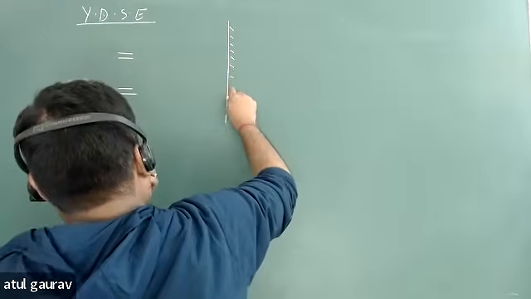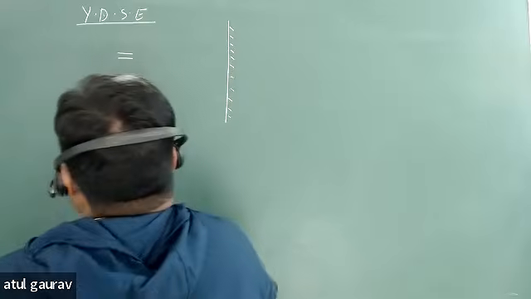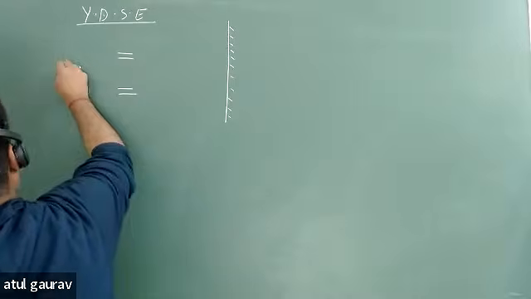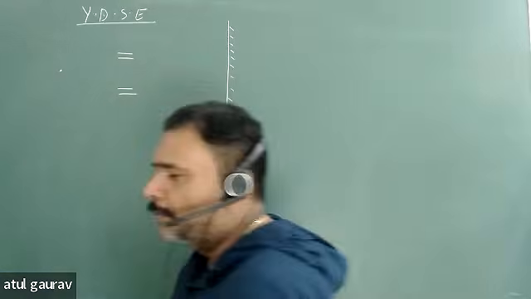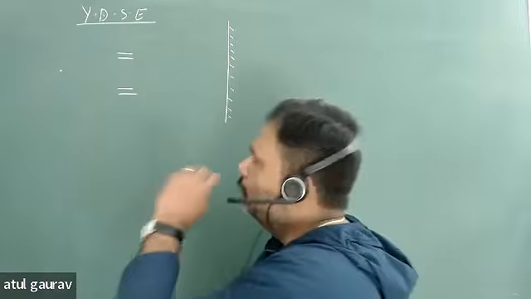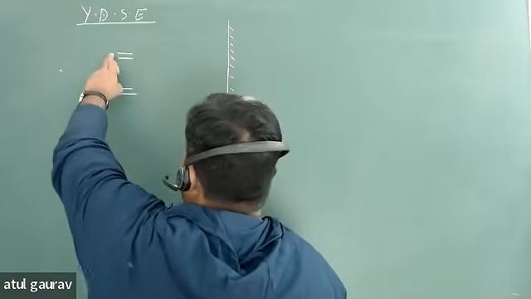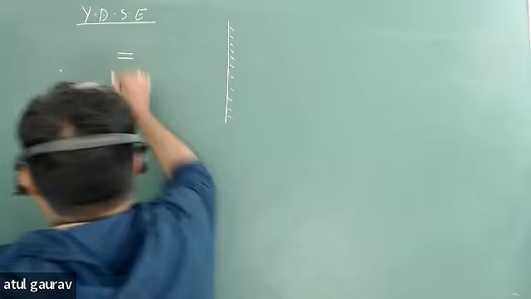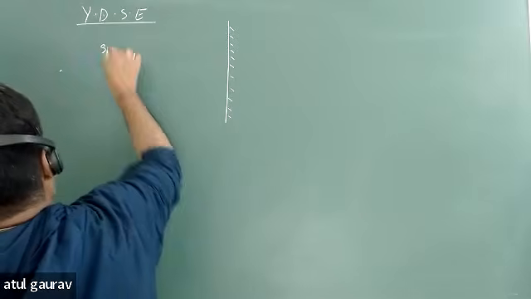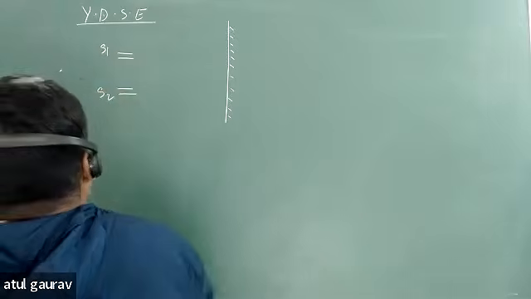Yes, okay. यहाँ पर एक सोर्स ऑफ लाइट था. This is the coherent source. Coherent source means its frequency will remain the same, whether it is passing through slit S1 or slit S2. Let's say this is slit S1 and this is slit S2.